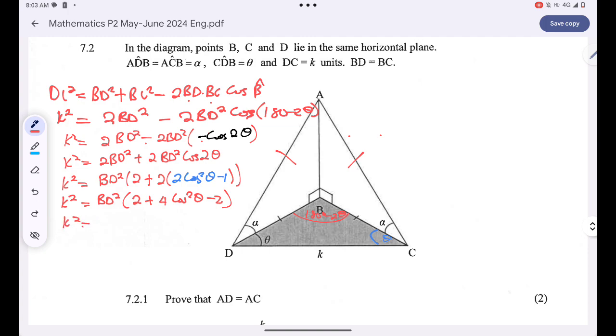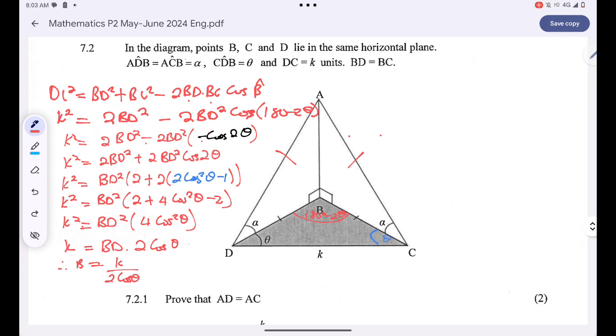The 2's will subtract one another, and I'll be left with 4 cos squared theta. If I take the square root on both sides, I will be left with K equal to BD multiplied by 2 cos theta. Therefore, BD is K over 2 cos theta.